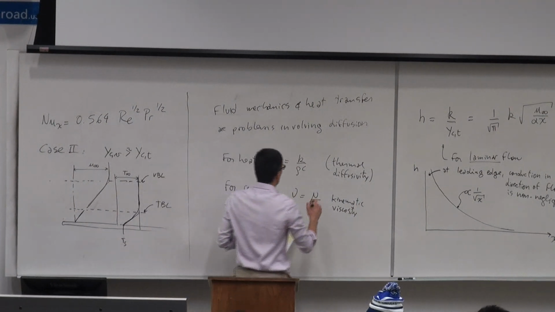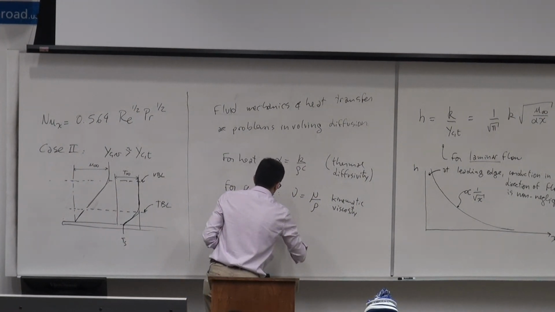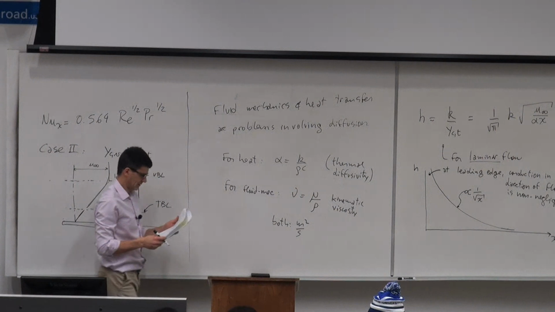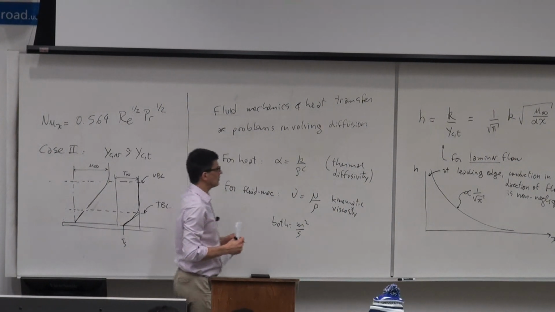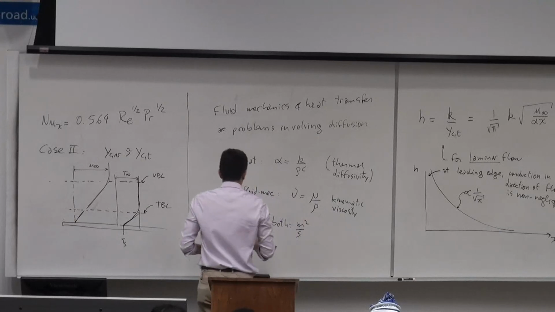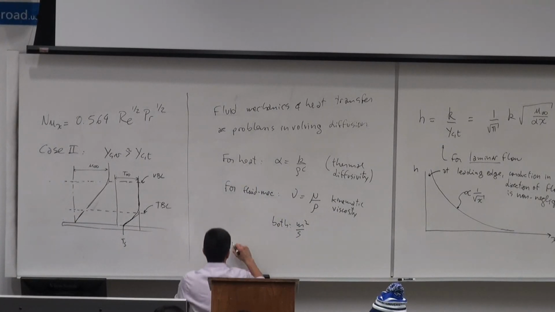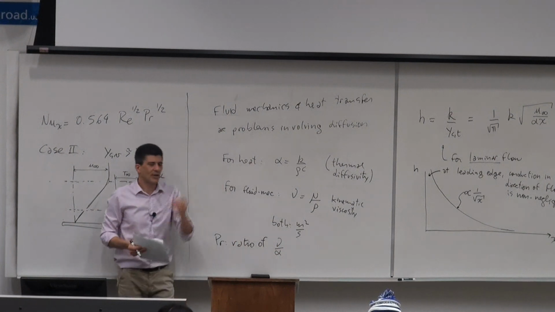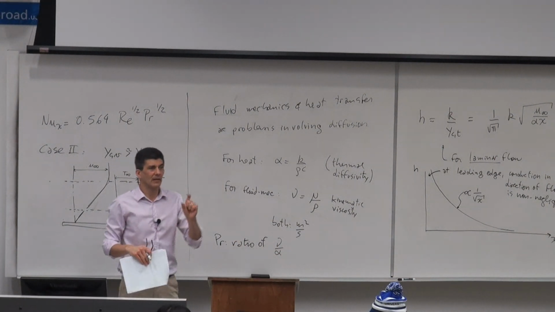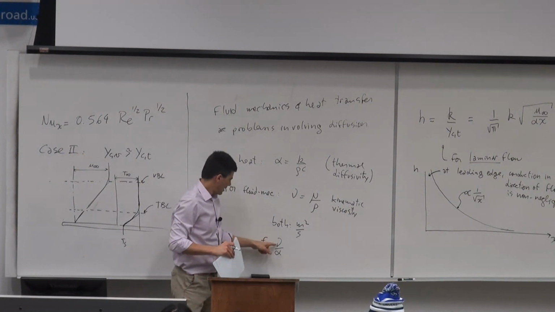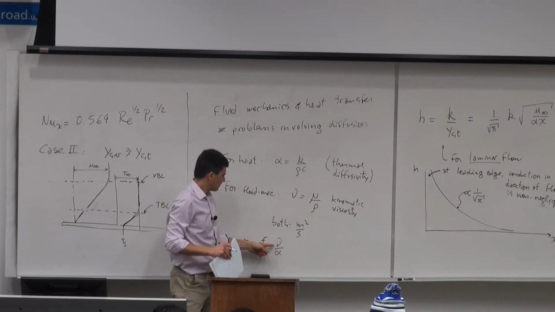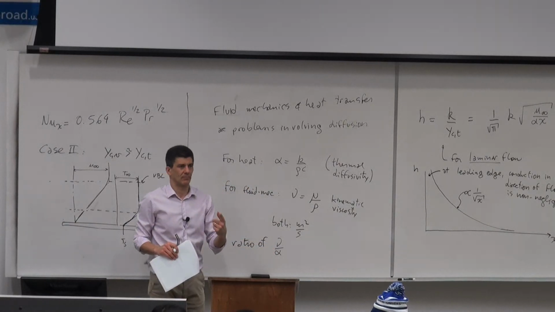Both are meters squared per second. So this number, Prandtl, is the ratio of nu over alpha. What this Prandtl number you're going to see coming so often is the relationship between how fast we transmit viscosity, velocities, versus how fast we transmit heat.